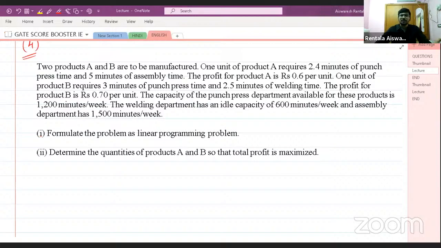Next, the profit for product B is 0.7 per unit, so very little profit.